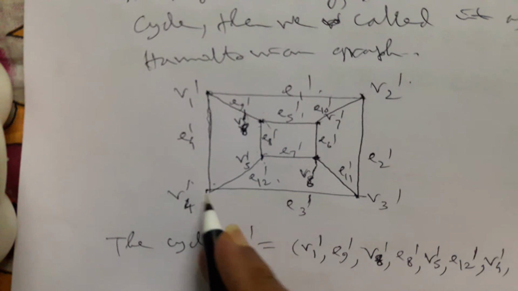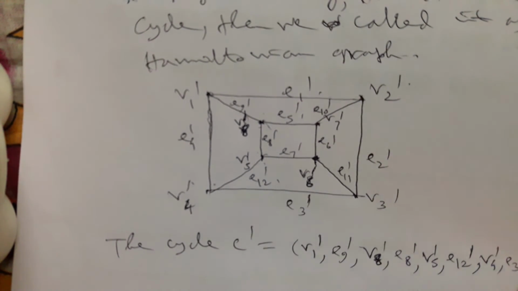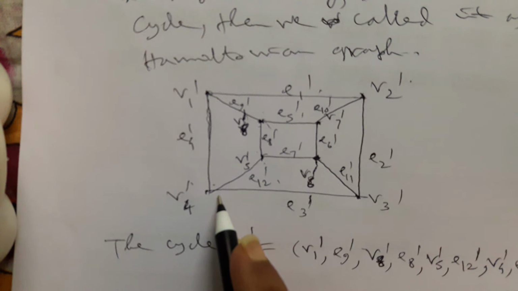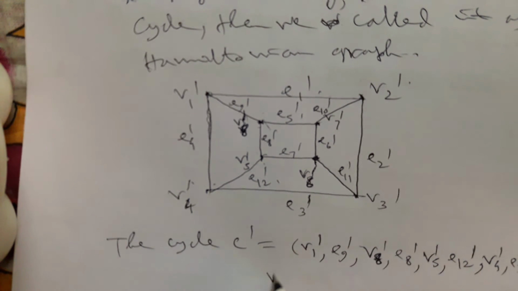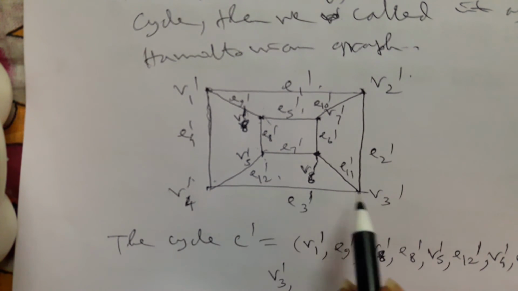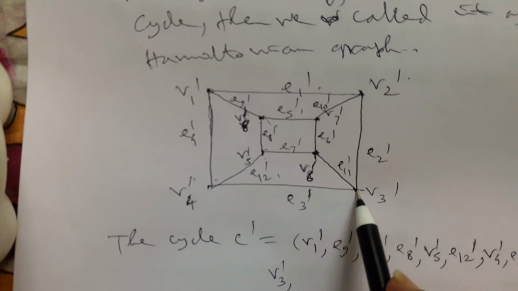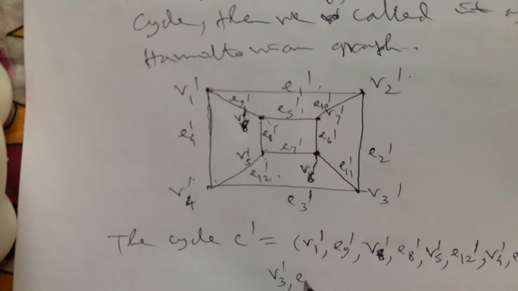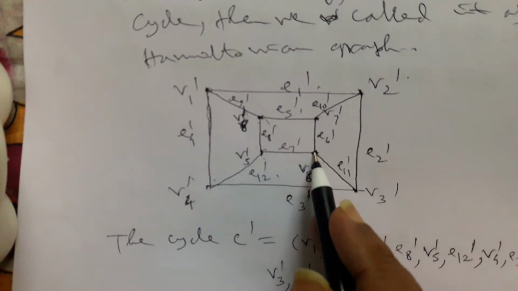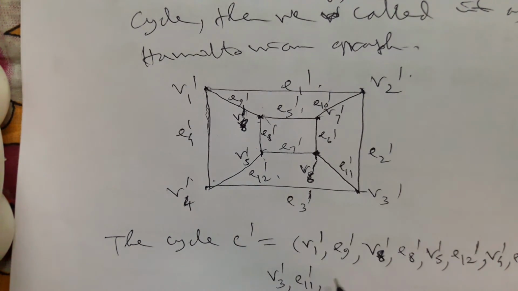After V4 dash, it will be E3 dash, then it will be V3 dash, then E11 dash.